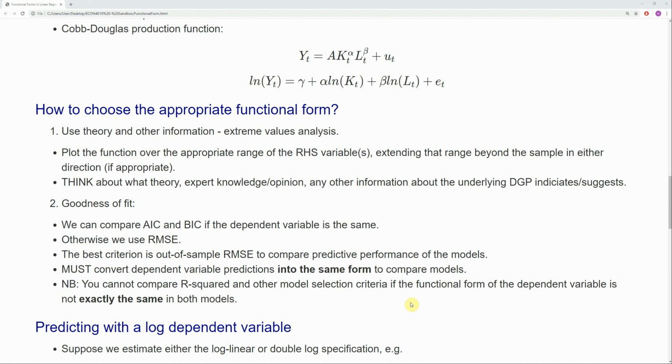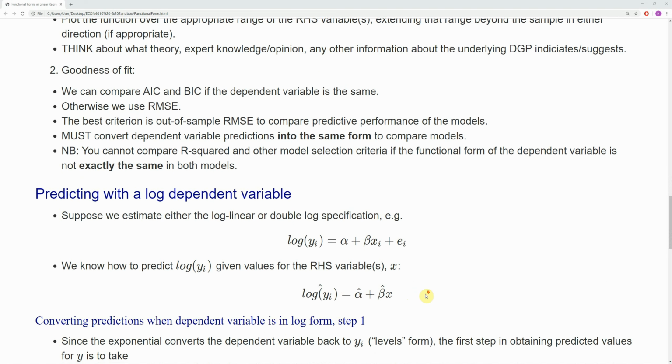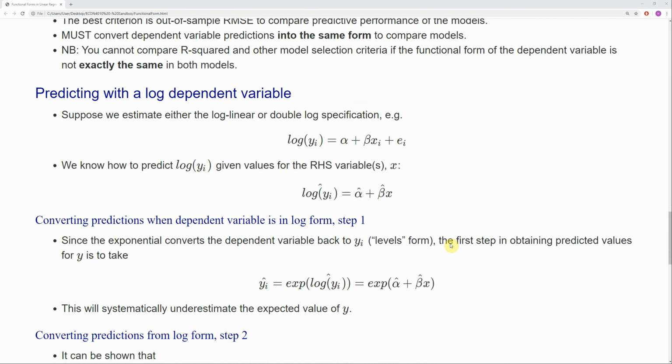Speaking of paying attention to the functional form of the dependent variable, when we have log form on our left hand side, there is one important thing that we have to remember when we want to have our prediction or estimates for the original value of yi, or in other words, the level form.